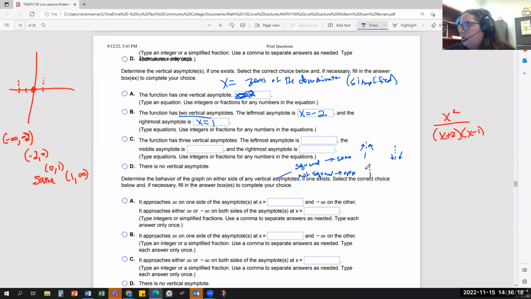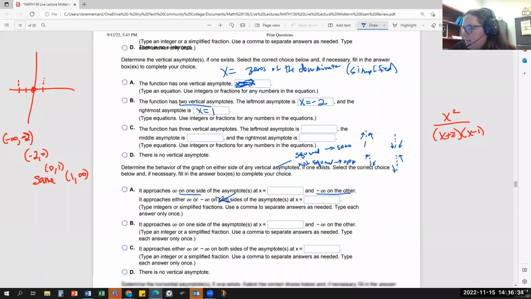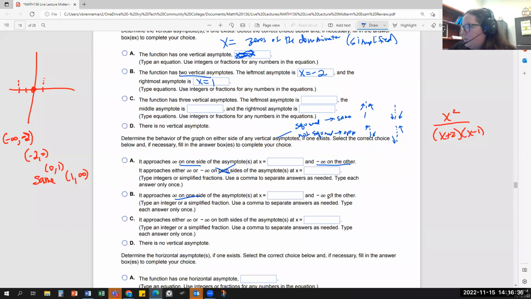So it's going to go towards infinity on one side and negative infinity on the other. And that's what we have in this case, for both the -2 and the 1.